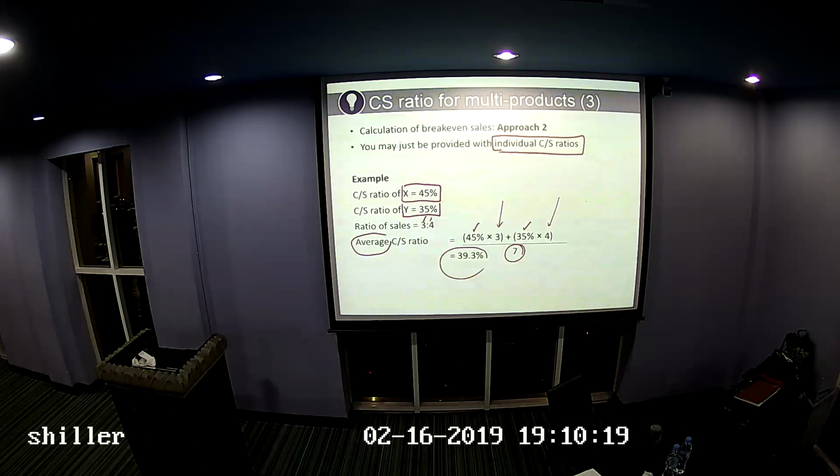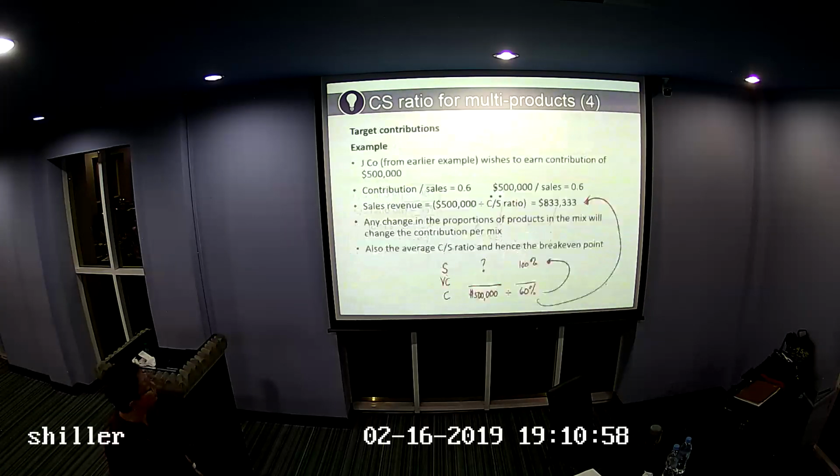Why would the combination change? Because companies would like to sell which product? Between these two, X and Y, which product would the company want to sell more? X. Why? I rest my case. So the mix can change if the company wants to sell more of the product that has a higher contribution.